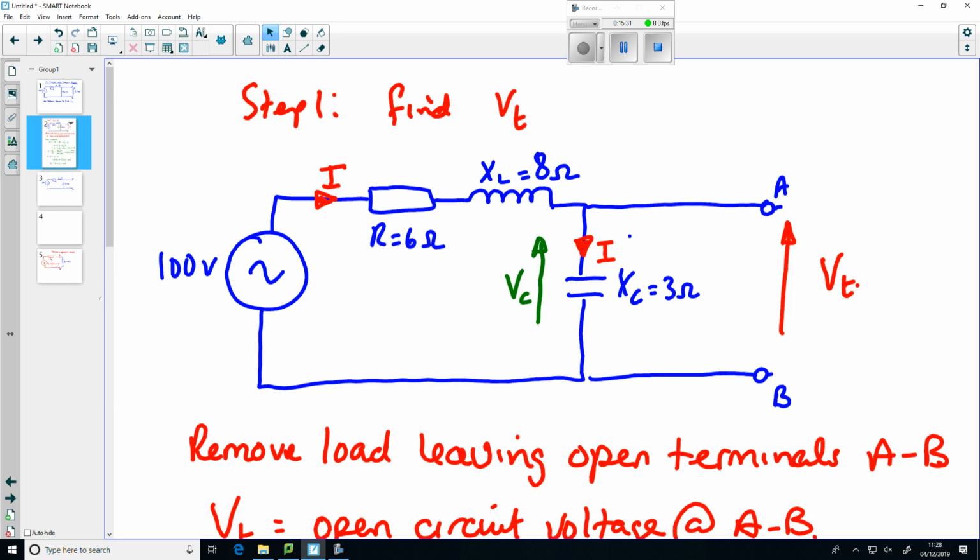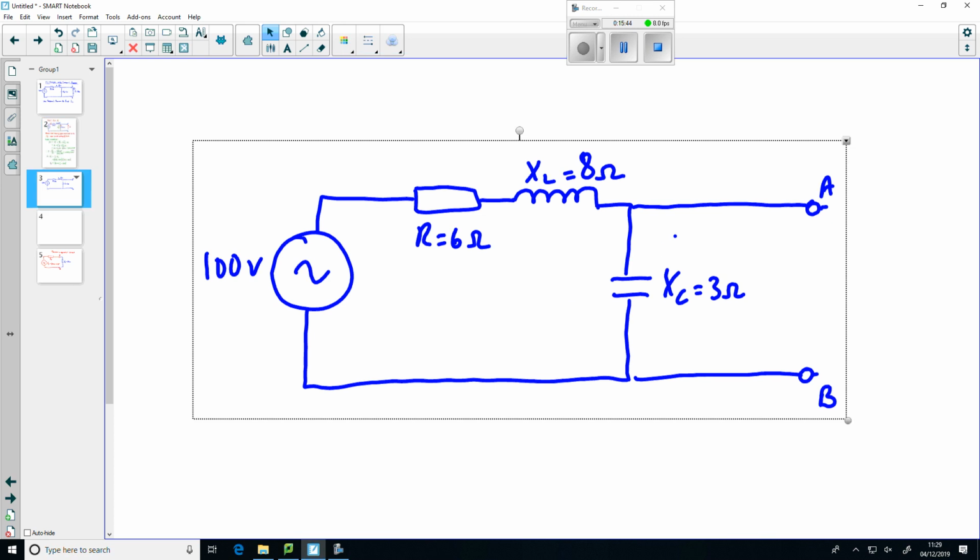So from that diagram, what's the next step in the Thevenin's process? From that diagram, what do we do next? Step 2. Overall, we need to find R little t. But what do we have to do that?